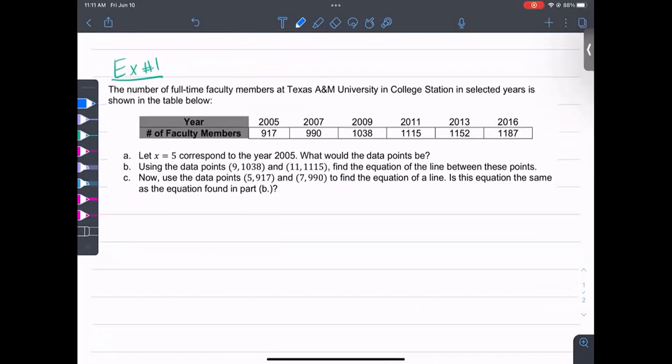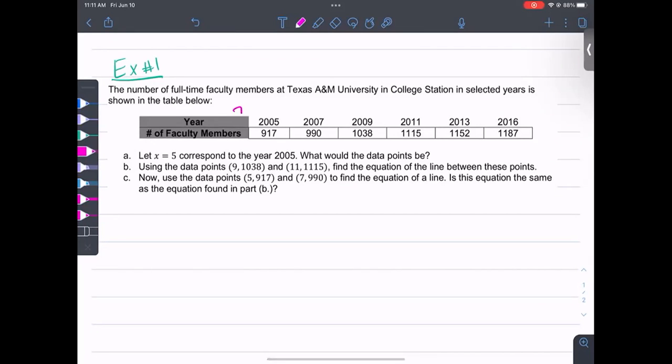The number of full-time faculty members at Texas A&M University in College Station in selected years is shown in the table below. We start with 2005 up to 2016, and we're given the number of faculty members. Part A says let X equals 5 correspond to the year 2005.